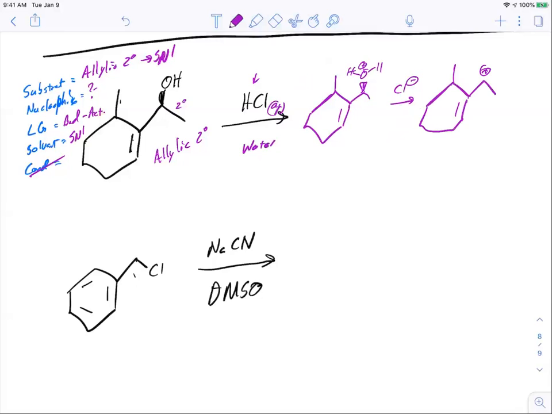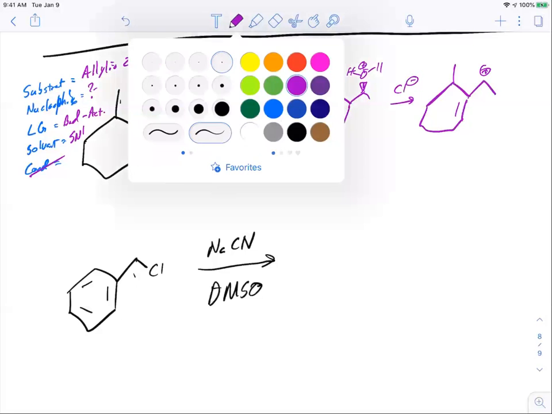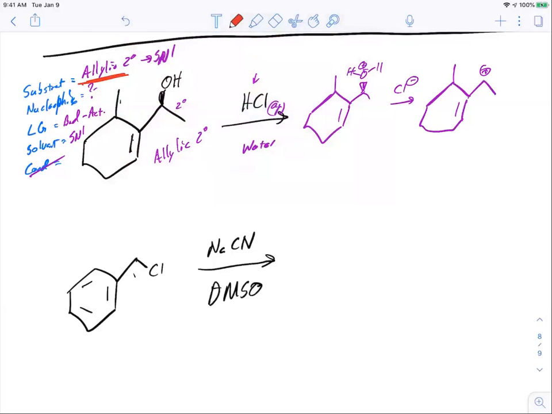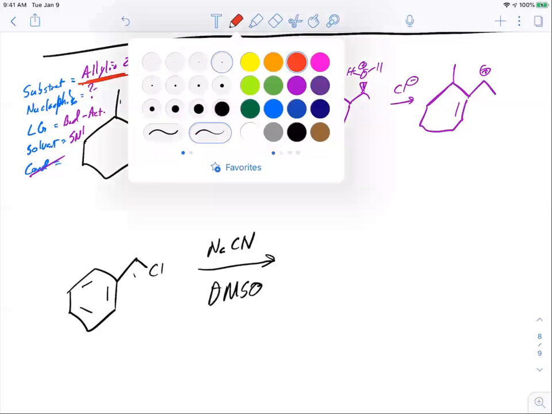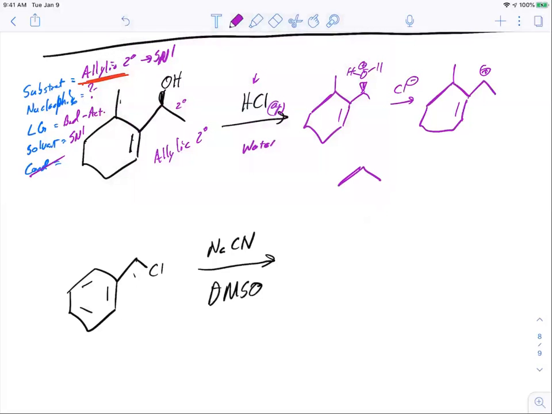Is this the only possible carbocation? No. Remember, we said it was allylic. That's the reason that we chose SN1 over SN2. So if it's allylic, that means that I have two possible resonance contributors. Both of these are secondary, but are both possible?